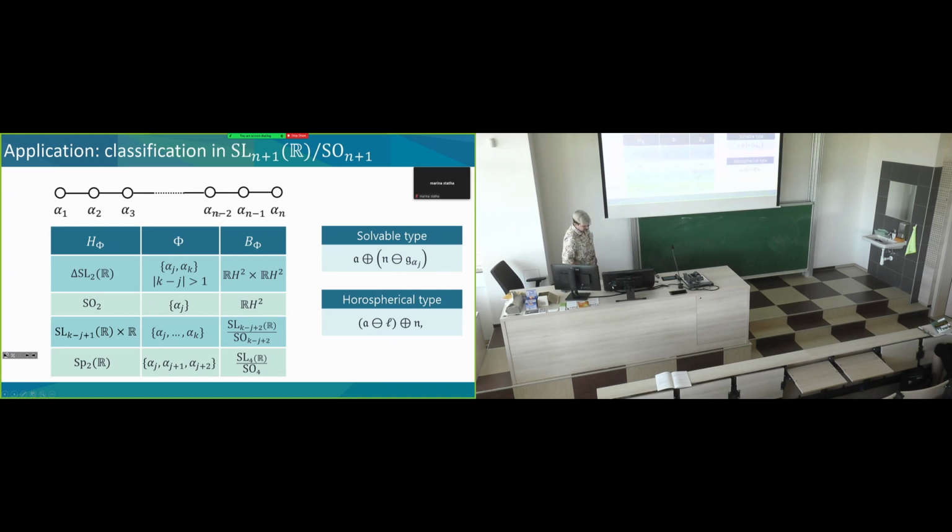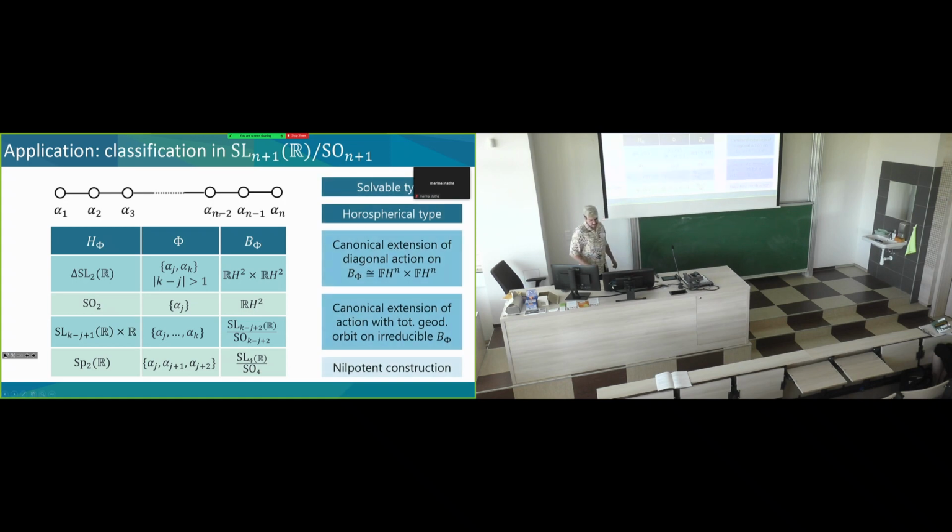So for example, this is the first classification of high rank symmetric spaces, because before this paper we only knew classifications on symmetric spaces of rank 1 and 2. So basically what one does is check, for example, we have here SL(n,R) mod SO(n). One can check for the irreducible boundary component just by looking at connected subsets of simple roots in the Dynkin diagram.